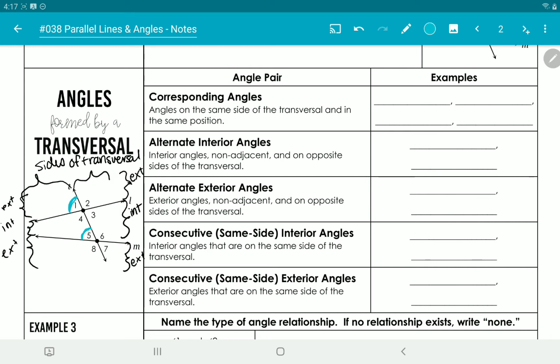Okay, so those are corresponding angles. So we have angle 1 and angle 5. Okay, that would work. We could do both on the bottom left. You can see they're both still on the left side of this transversal line, but they're in the same position. So we have angle 4 and angle 8 here.